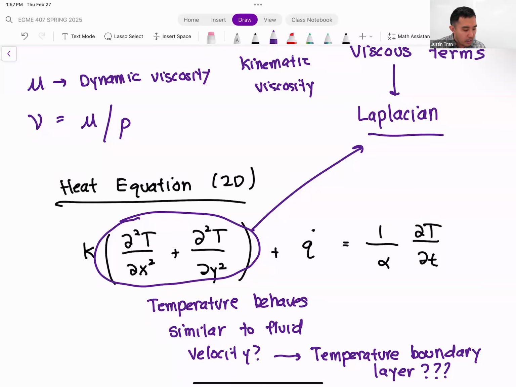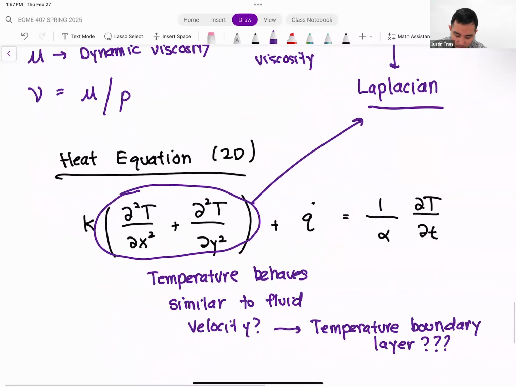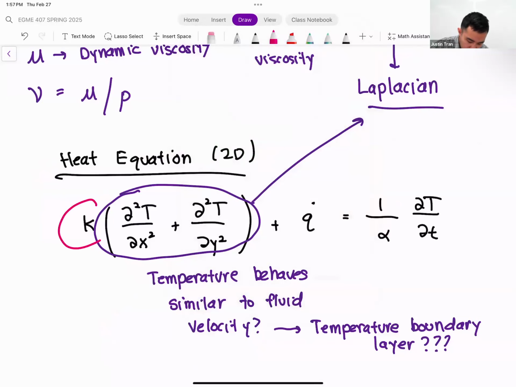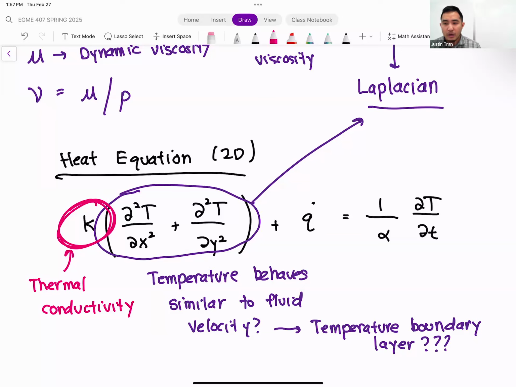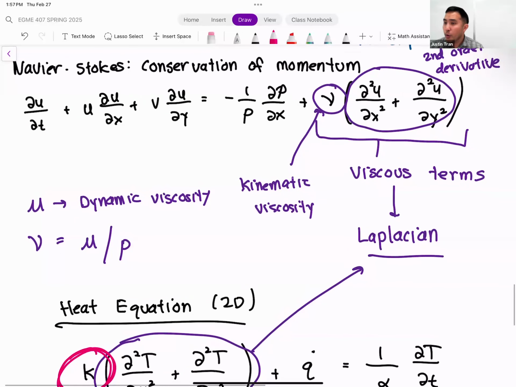Okay. But before we do that, let's make one more comparison here. And it's the reason why I kind of put this equation in this form. Right. So if you look at the thermal conductivity K, the thermal conductivity K is in the exact same spot as the kinematic viscosity in Navier-Stokes, right?